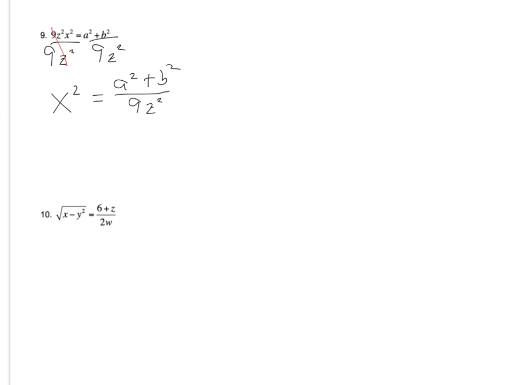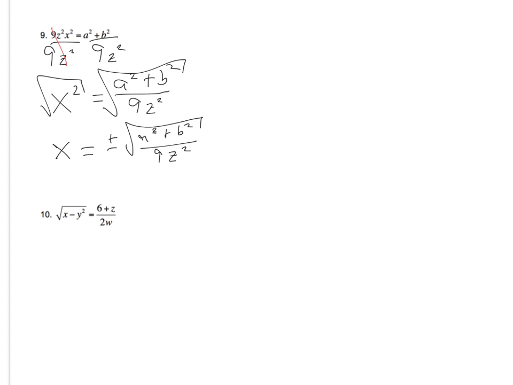Okay, I'm going to take the square root of both sides yet again, and what I'm going to get then is that x is going to be equal to plus or minus the square root of a squared plus b squared over 9z squared.